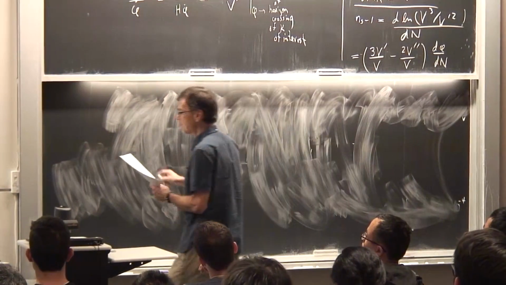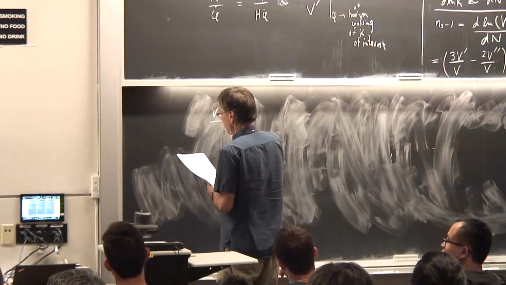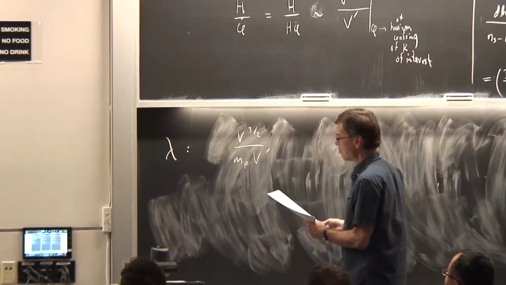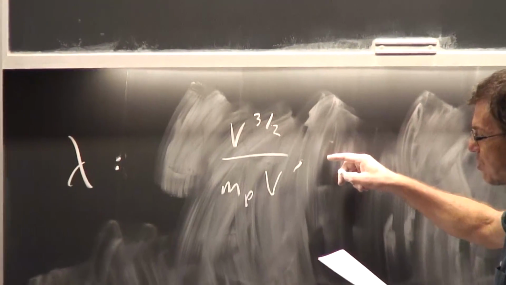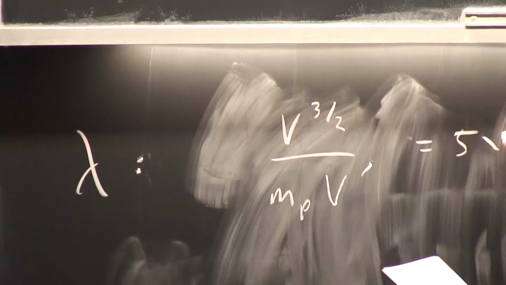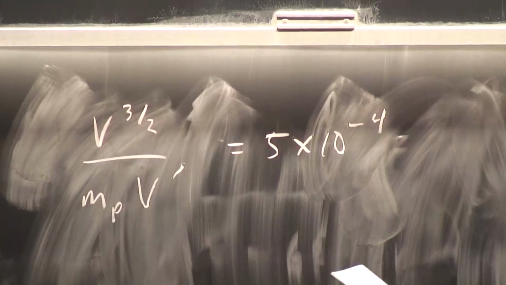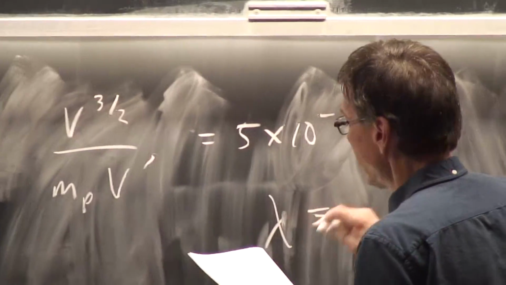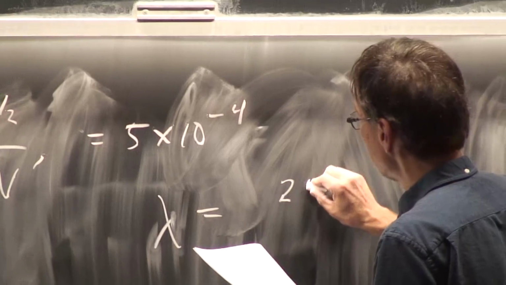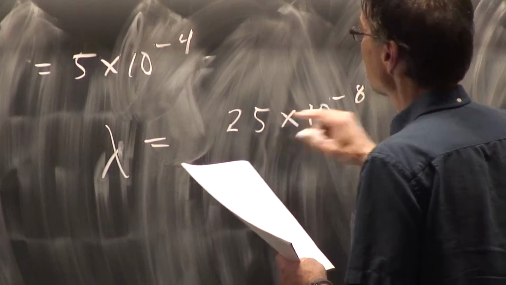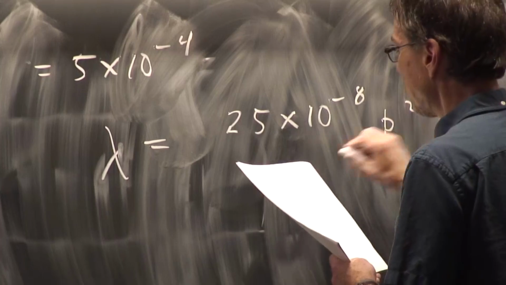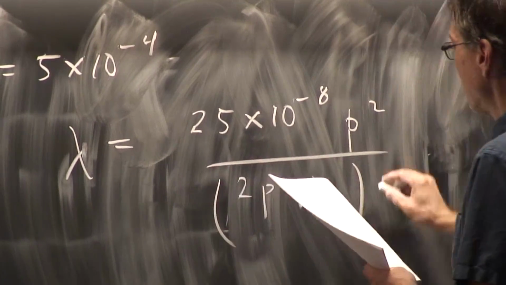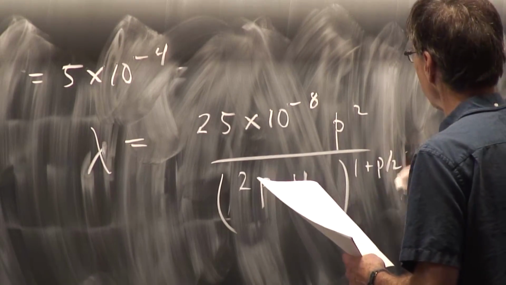So to fix lambda, remember, we just have to impose this requirement that V to the 3 halves over M Planck cubed V prime was 5 times 10 to the minus 4. And so you can just plug in our formulas, and then you find that lambda is 25 times 10 to the minus 8 from squaring that, times p squared over 2p N star to the 1 plus p over 2.